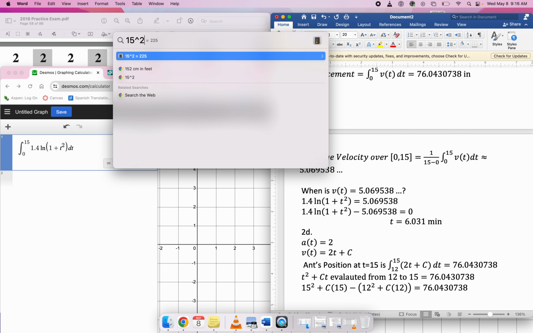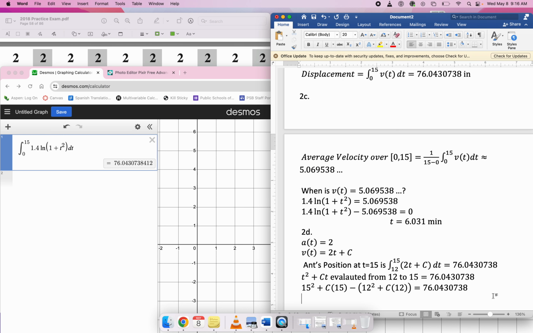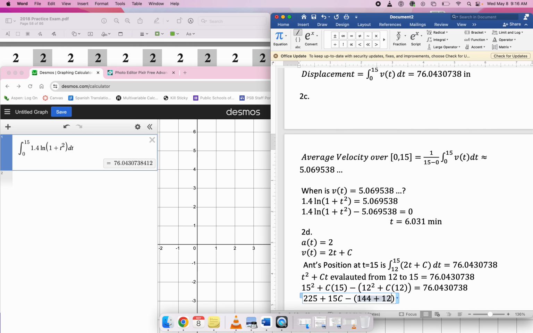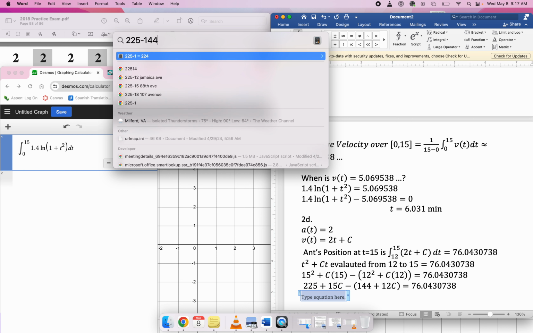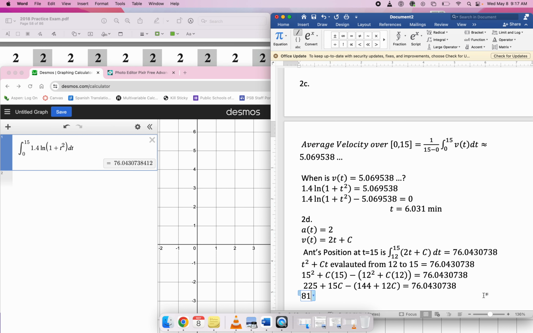So anyway, 15 squared is 225. So this is 225 plus 15c minus 144 plus 12c equals this same number. So 225 minus 144 is 81.